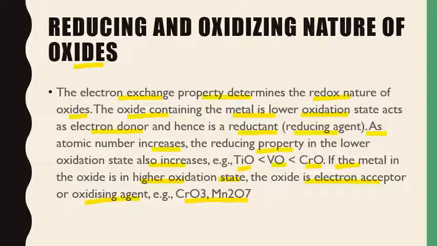So the reducing nature and the oxidizing nature depend on the lower or higher oxidation state of the first transition series. Understood? The lower oxidation state oxides have the ability to donate the electron, that is a strong reducing agent, and the higher oxidation state oxides have the ability to accept the electron and act as a strong oxidizing agent.